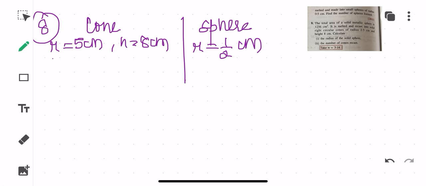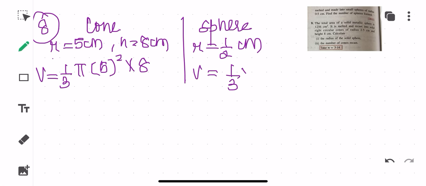So what is the volume of cone, children? This will be equal to 1 upon 3 pi into 5 square into 8. And volume of sphere, no, sorry, children, volume of sphere is 4 upon 3 pi r cube.